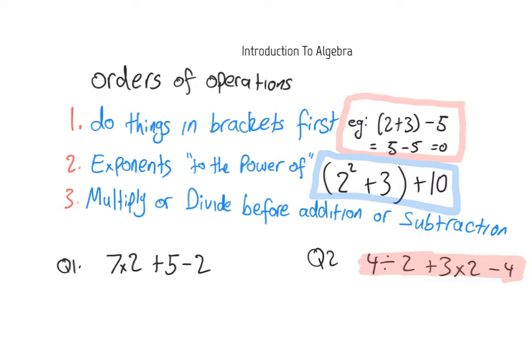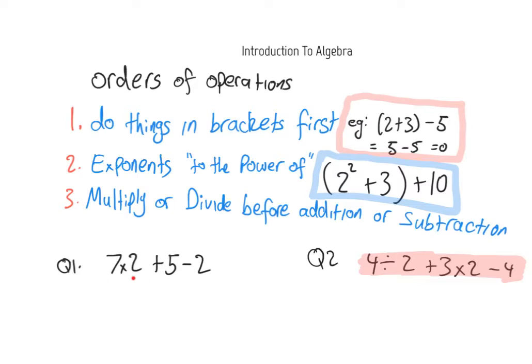Okay, so to multiply or divide first before any addition or subtraction. Well, actually, first we need to go to rule number 1 and see if there's any brackets in the question. If there's no brackets, we go down to number 2, which is exponents or to the power of. And we don't have that anyway. Do we have any division in the equation? No, but we do have multiplication.